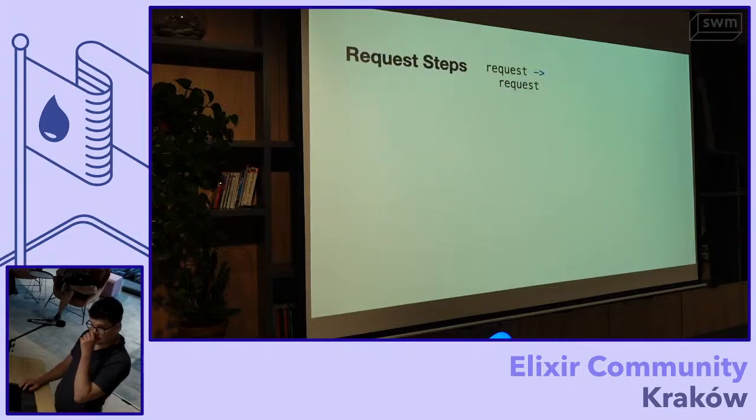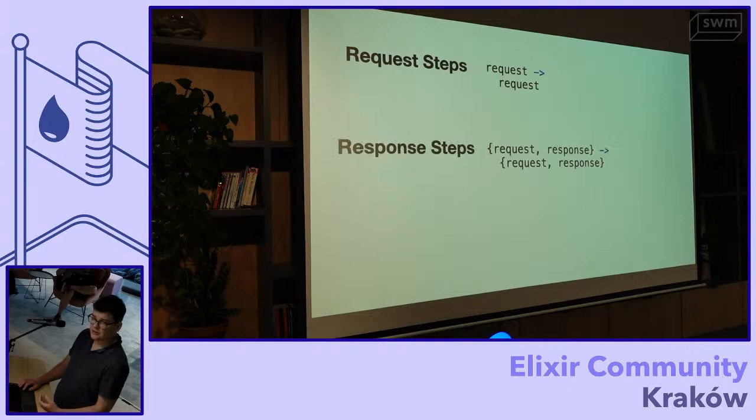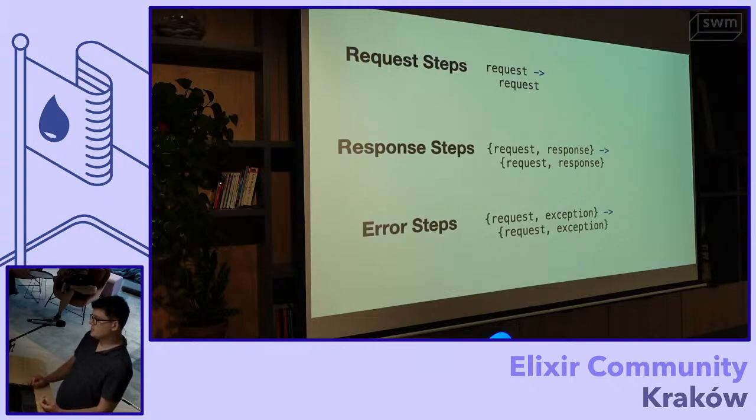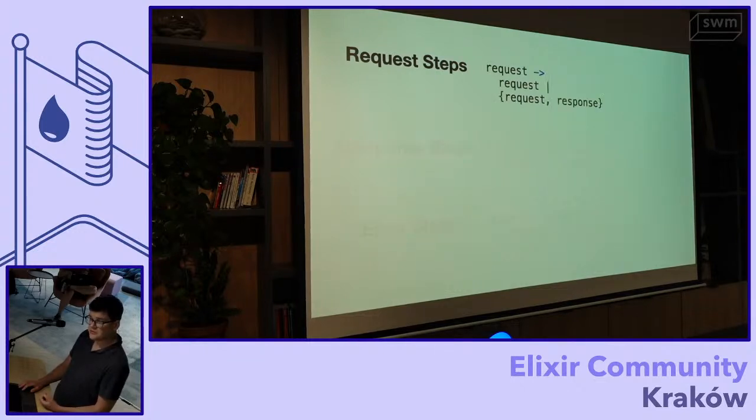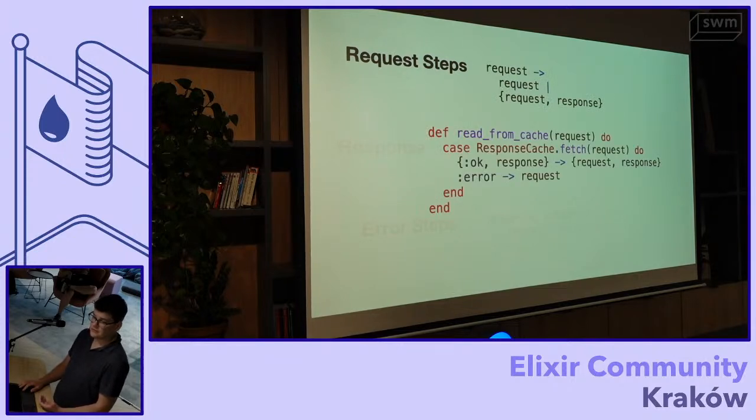So again, let's see the contract. Request steps take a request and return it, response steps take the tuple and return it, and error steps likewise. With such a contract, we can actually go pretty far, but it is not quite enough to implement all of the use cases that I wanted. So a request step, instead of just a request, can also return this tuple. Here's an example.